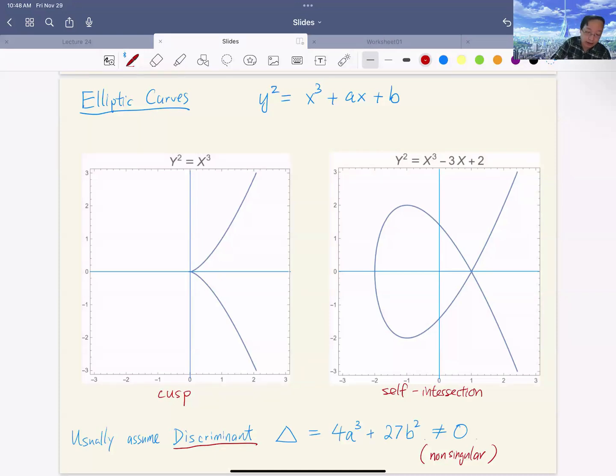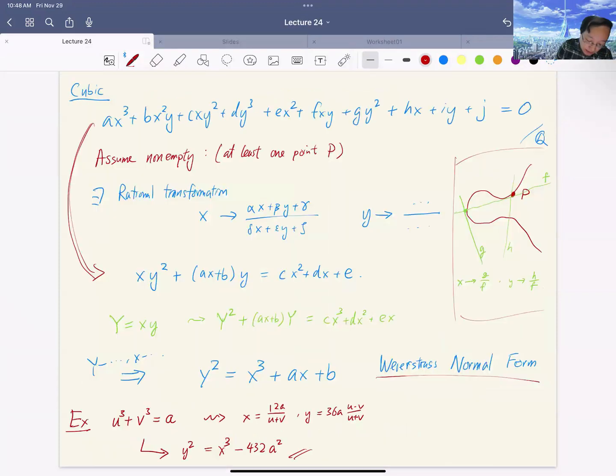But actually, I've hidden one more thing: because we are dividing in this transformation, there might be infinity. So in general, we would like to study elliptic curves not as they are, but as a projective curve, for those who know projective geometry. Basically, we allow a single infinity point.